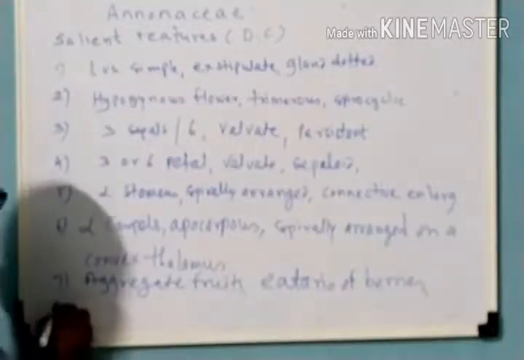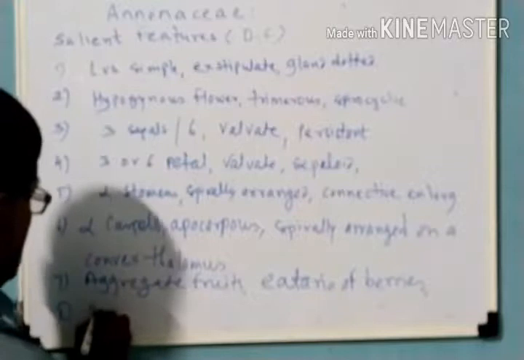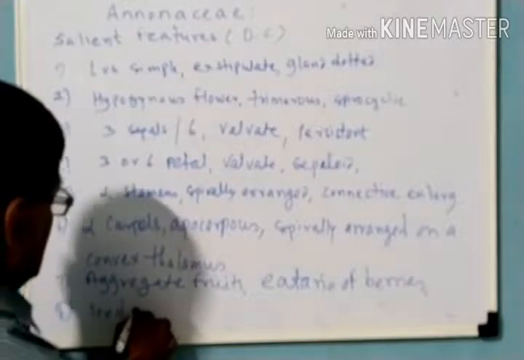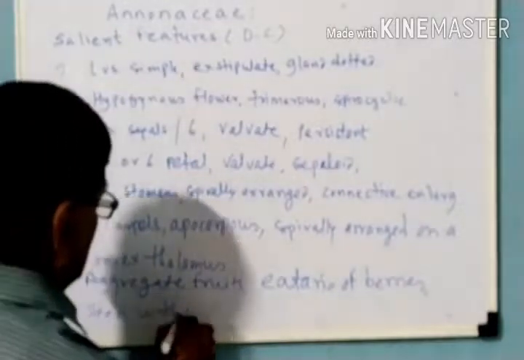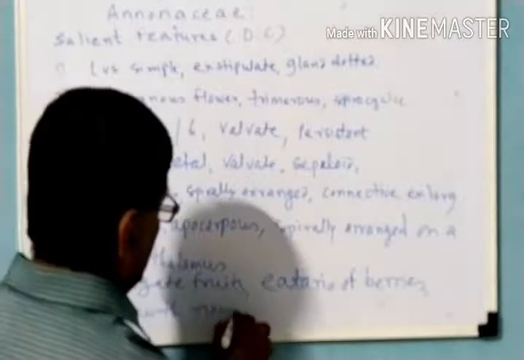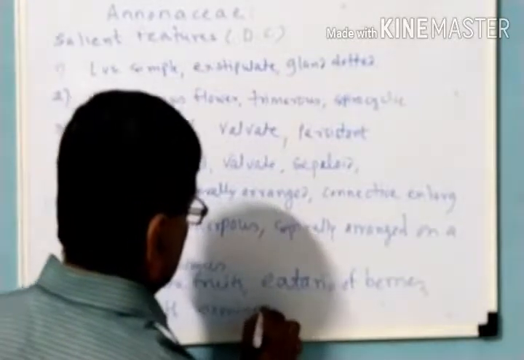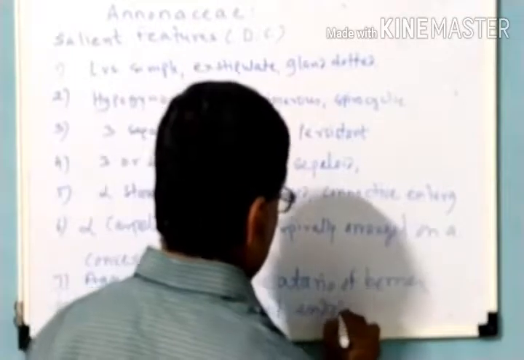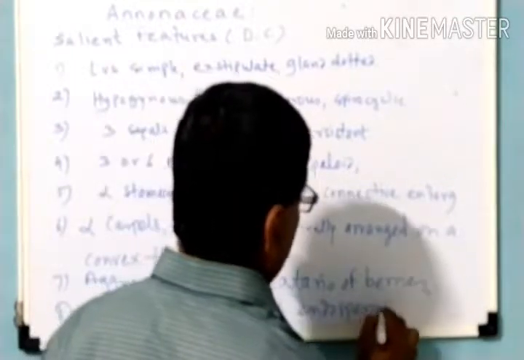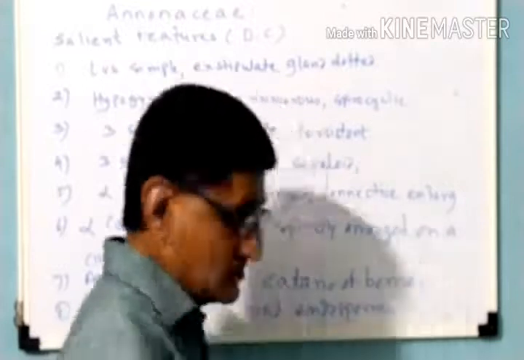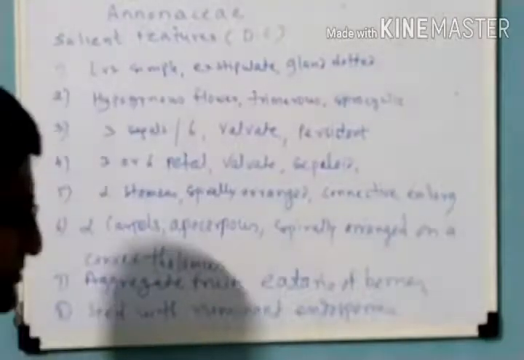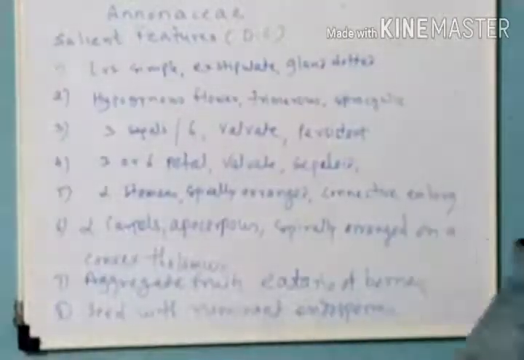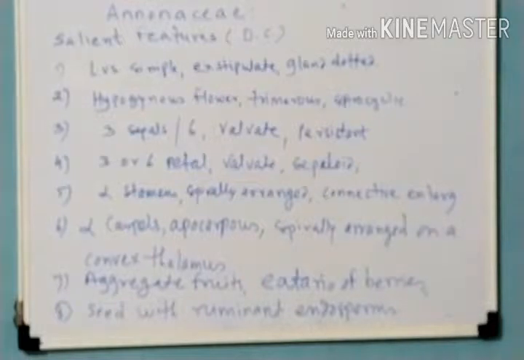And the last one is seed with ruminate endosperm. So these are some of the distinguishing characters of this particular family.